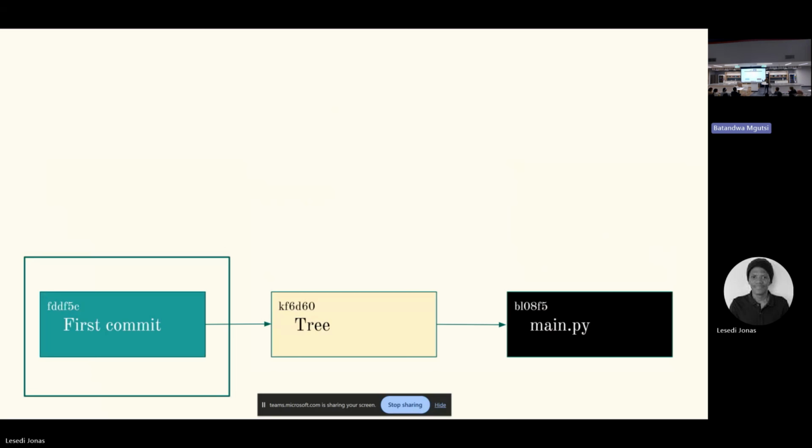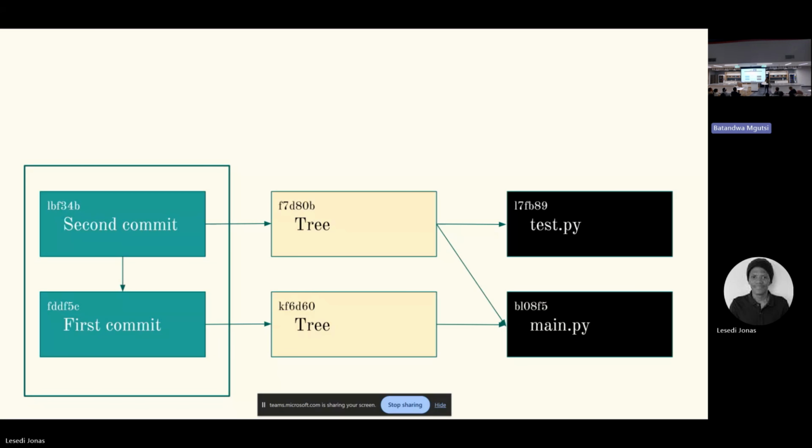When you put everything together, this is what you have, right? You have a commit which points to a tree, which points to a file that you just committed. Our second commit will point to the first commit, which has a tree, which now has a test.py, which is a new file that we just recently committed, and pointing to the previous file, because we keep track of that as well, right?